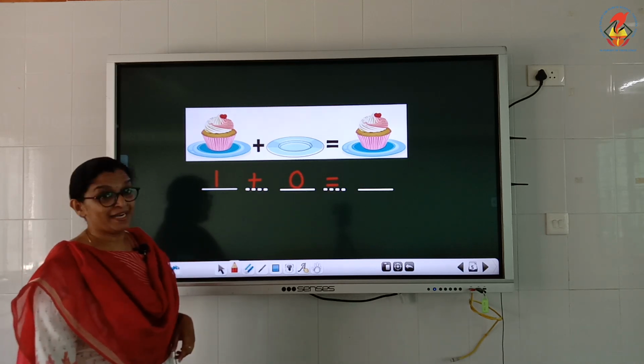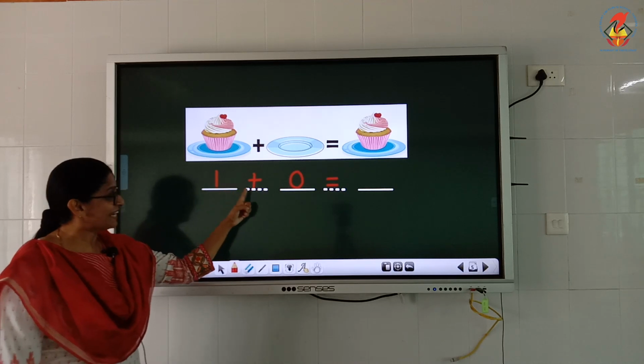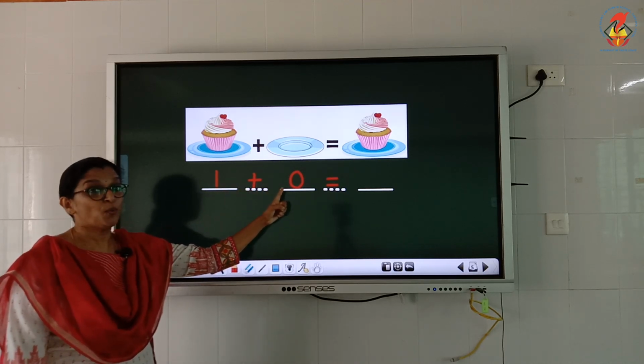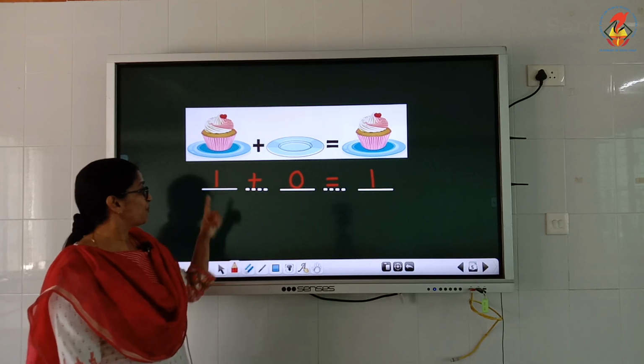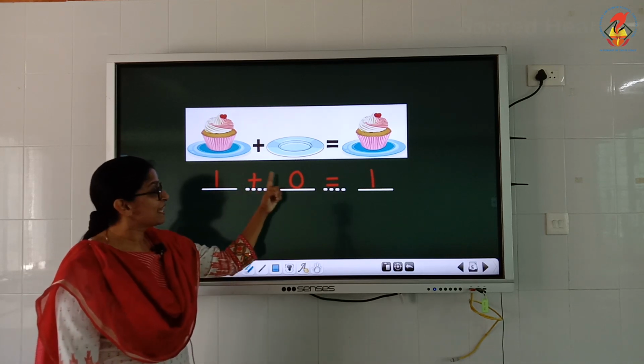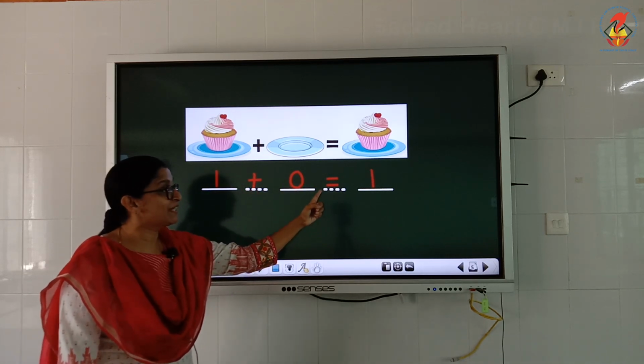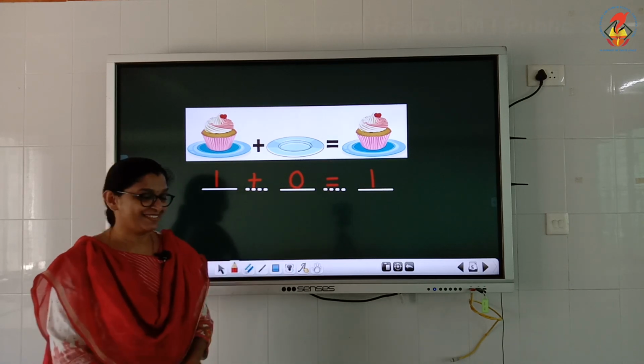Here, when number 1 is added to 0, we get number 1 because 0 means nothing. So children, 1 plus 0 equals 1.